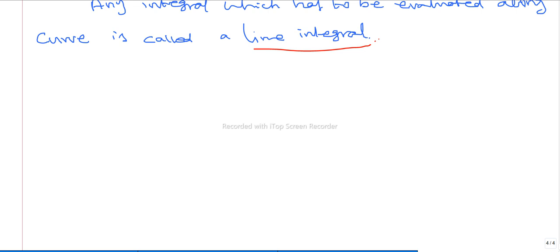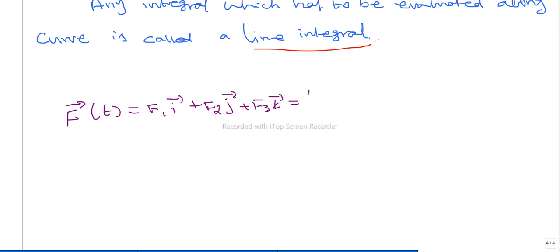Suppose it's given that some vector valued function, capital F of t, equal to some vector, maybe f1 of t into i vector plus f2 times j plus f3 times k.